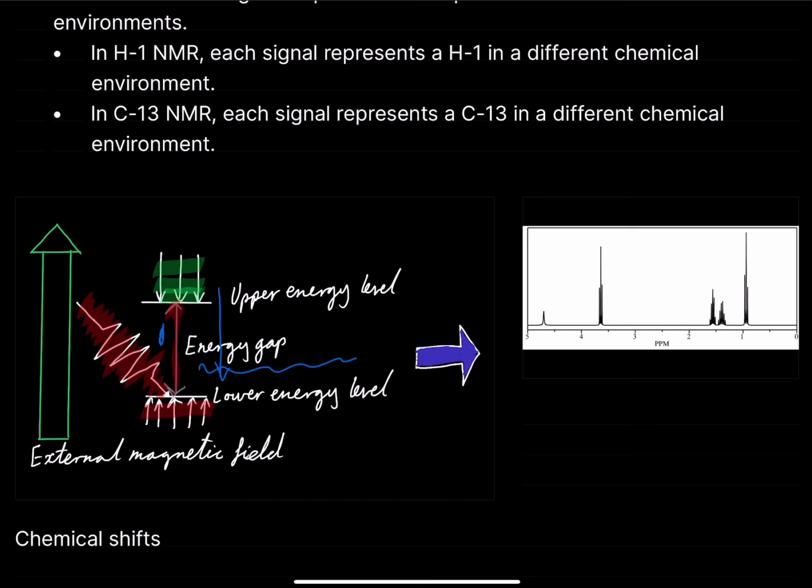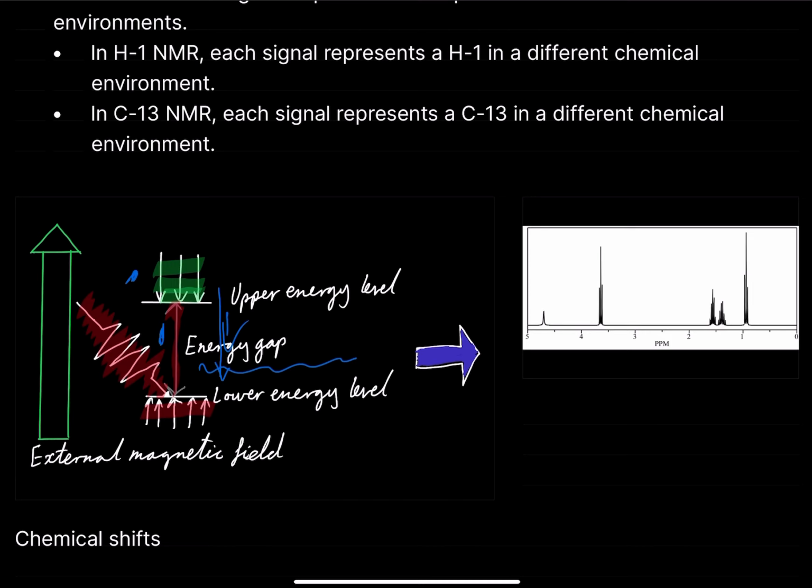But once they get to here, they're unstable, so they de-excite back down to that lower energy level. As they're de-exciting, going from a high energy state to a low energy state, energy has to be lost, and it's released as a wave.